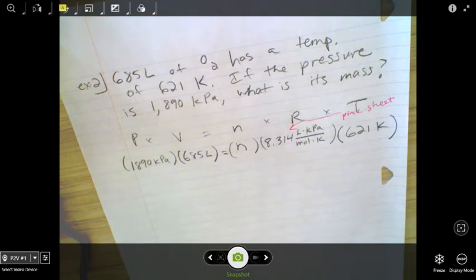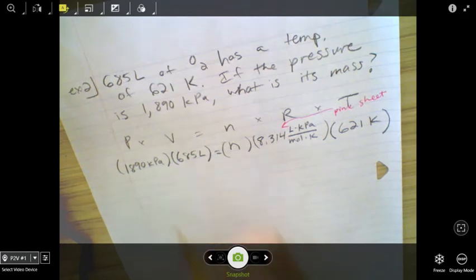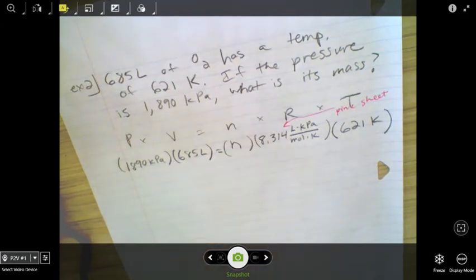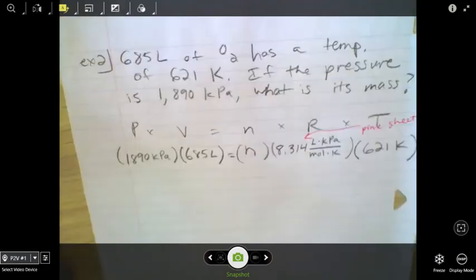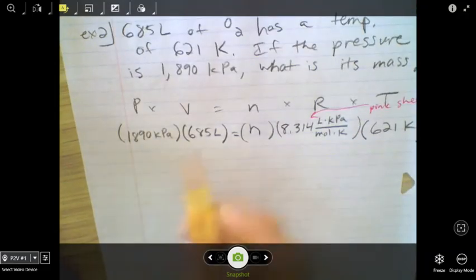All right, so go ahead and simplify each side and try to solve for N. And then once you get moles, then convert it to grams. Okay, so you do this times this.